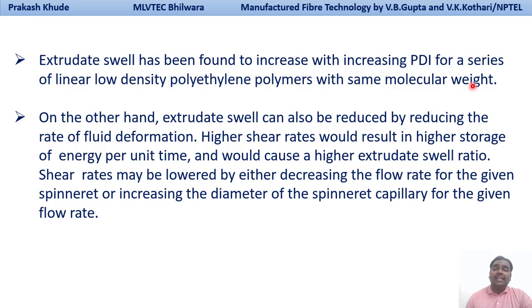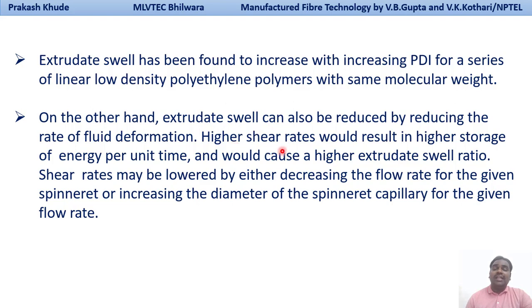So if you increase the polydispersity index, the extrudate swell increases. On the other hand, the extrudate swell can be reduced by reducing the rate of fluid deformation. By reducing the rate of fluid deformation, we can also reduce the extrudate swell.